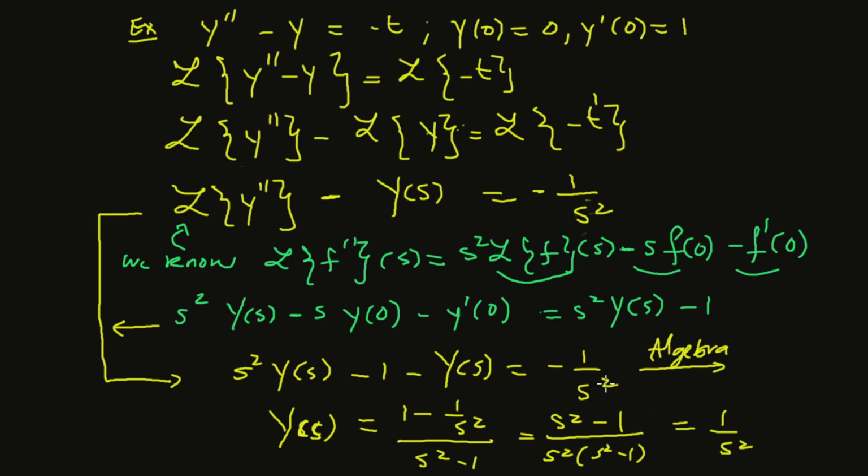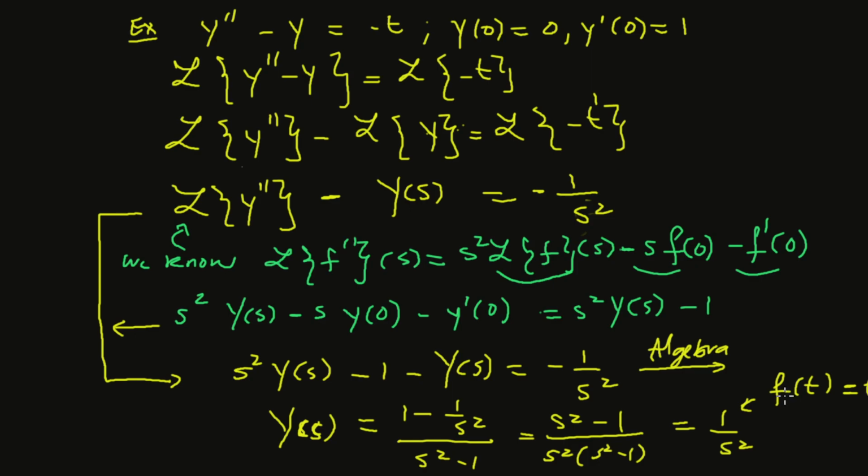And then you'll ask the question, which function f of t leads to that, right? And when you look at the table, or if you recall it, it's just t.